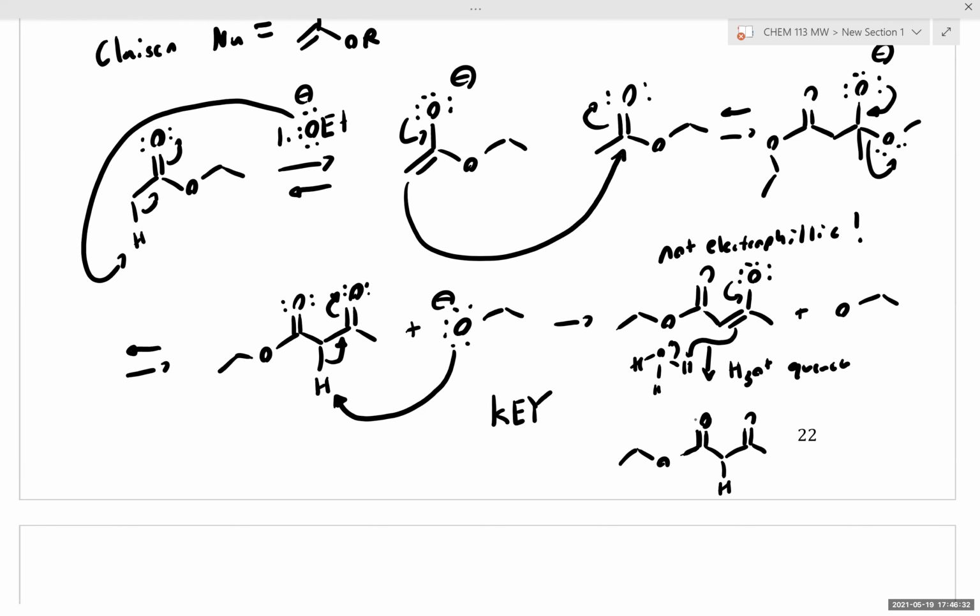The only catch is, just like the Aldol reaction, there needs to be a key step which drives the equilibrium towards the product. And that key step is the deprotonation of our beta ketoester to give a non-reactive, non-electrophilic enolate. Does this mechanism make sense to everyone?